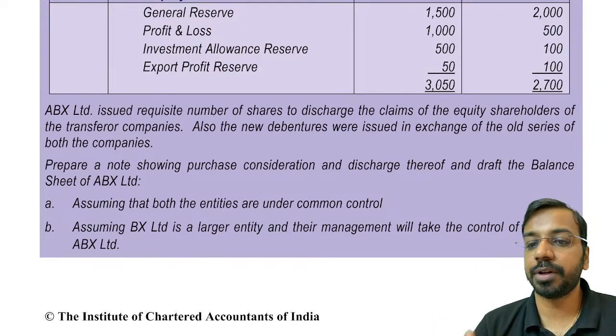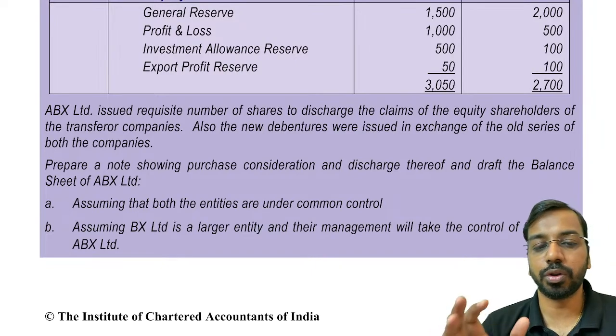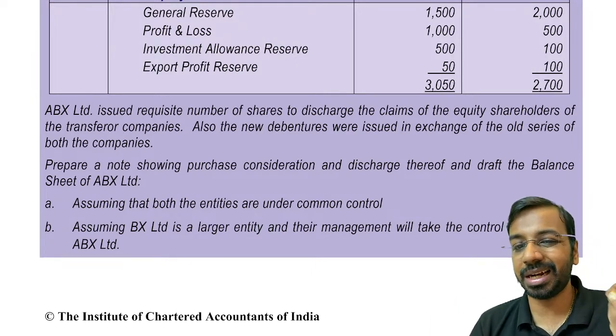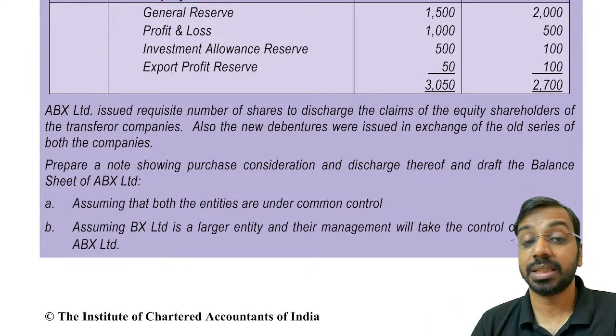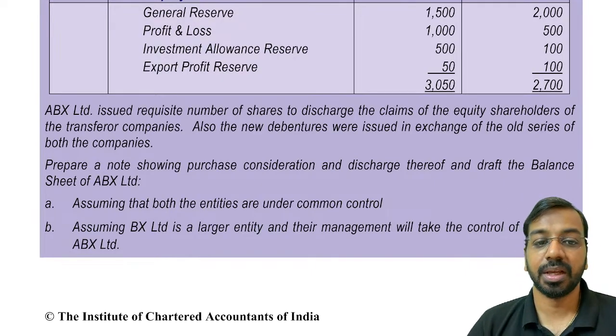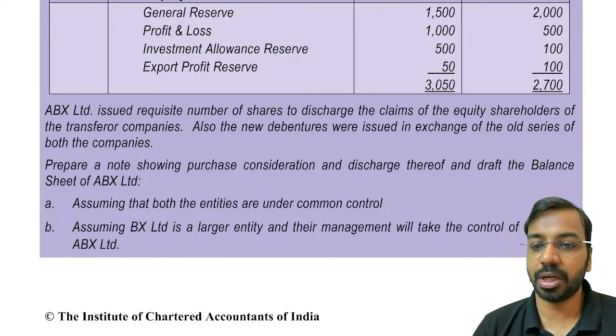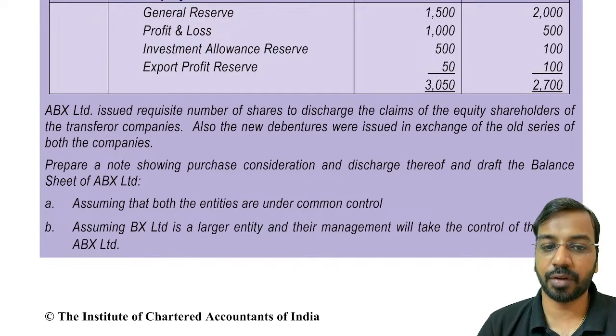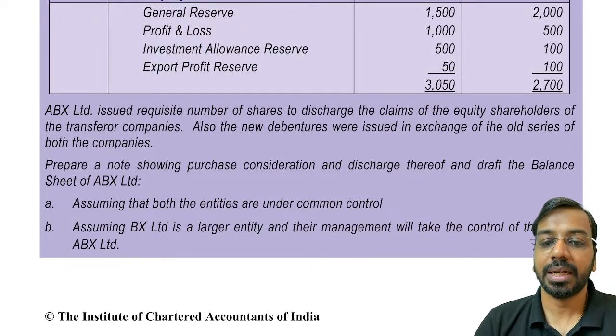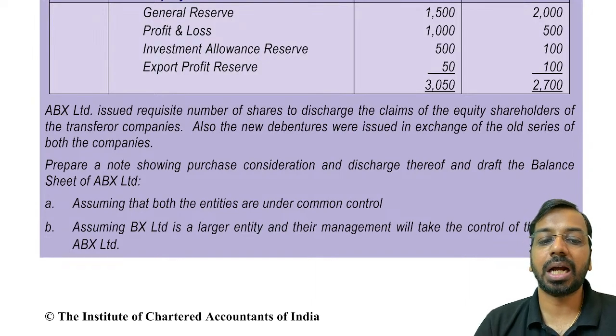Also, new debentures were issued in exchange for the old series of both the companies. Please remember, if you are settling debentures by issuing debentures, that is not purchase consideration. Prepare a note showing the purchase consideration and discharge thereof and draft the balance sheet of ABX Limited, assuming that both of the entities are under common control.